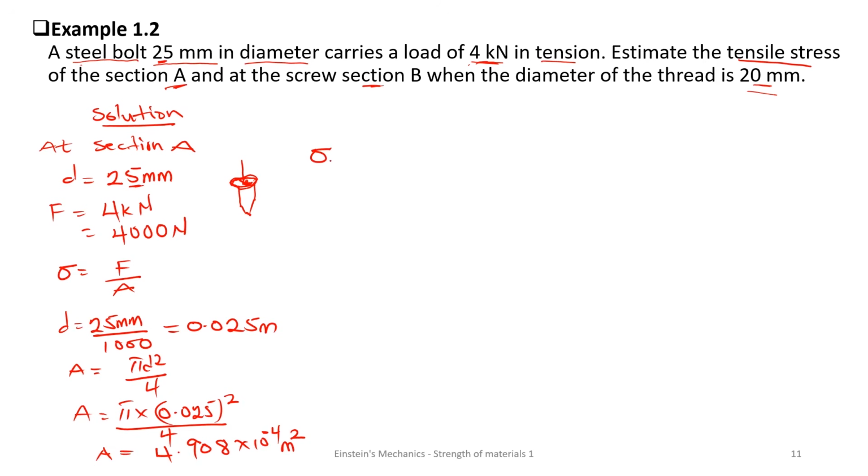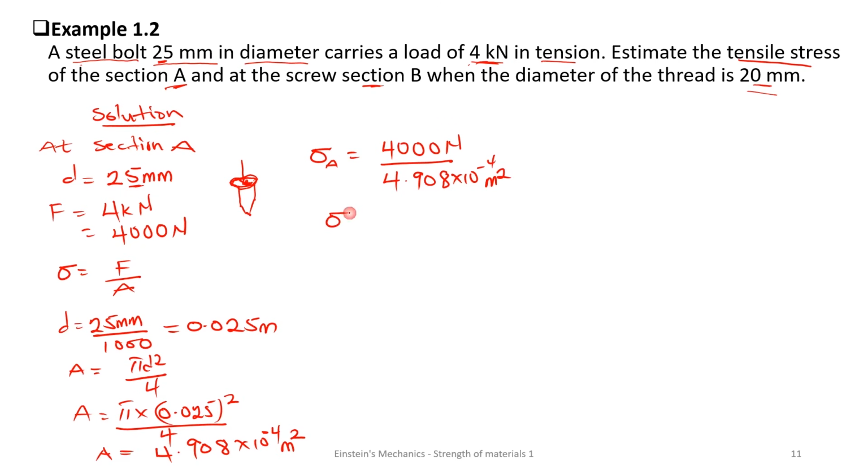So the stress, or tensile stress, at region A should be equal to my force, which was 4000 newtons, on area of 4.908 times 10 to the negative 4 meter square.